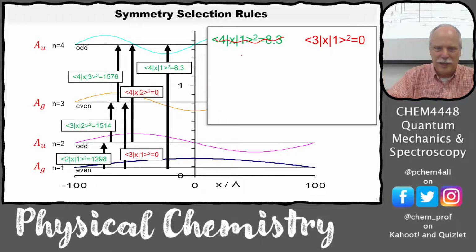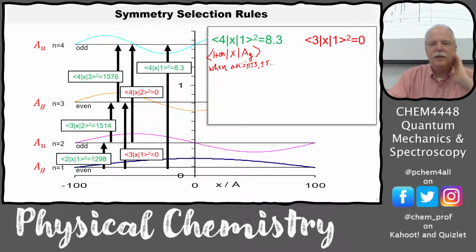So we're going to say n equals 1, that's AG, to 1 plus delta n with X, when delta n is equal to plus or minus 1, 3, 5, and so on.